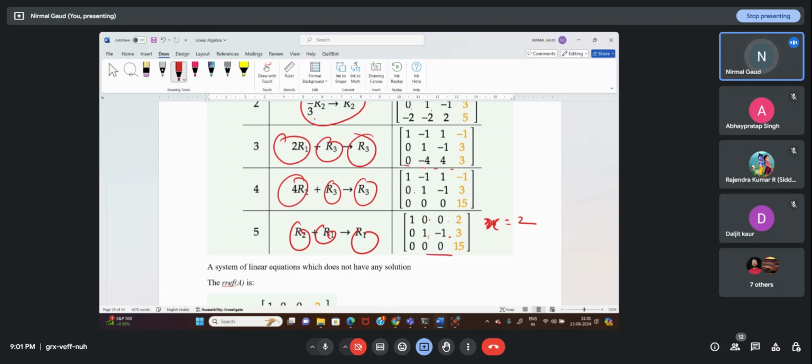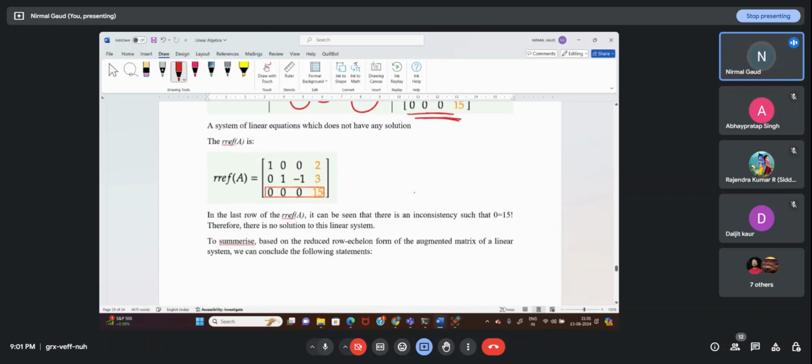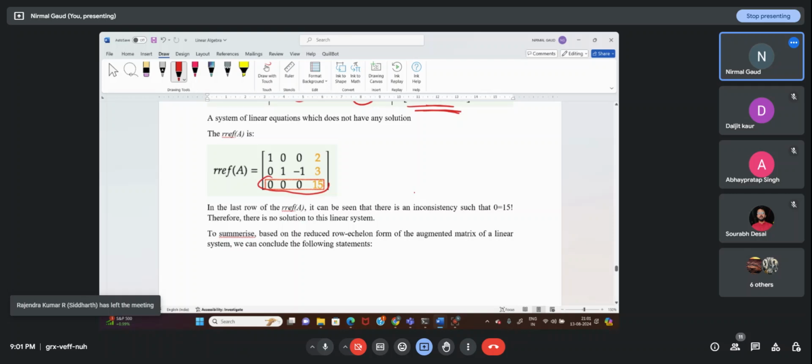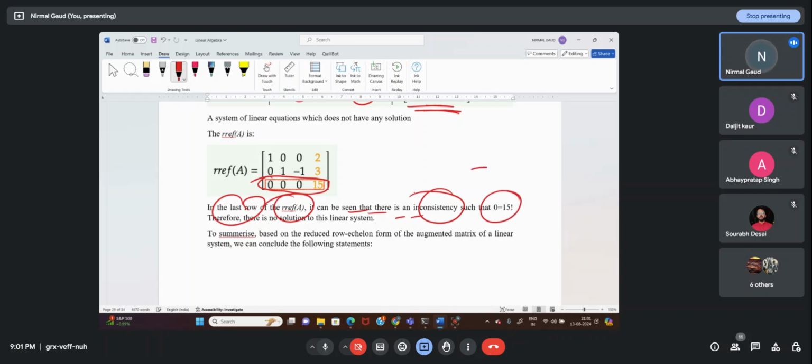But for z, I don't have anything. All are 0. So how can I claim? See, the last row, all are 0. In the last row of the matrix, it is seen that there is inconsistency. 0 is not equal to 15.